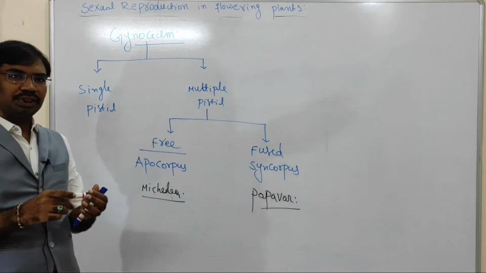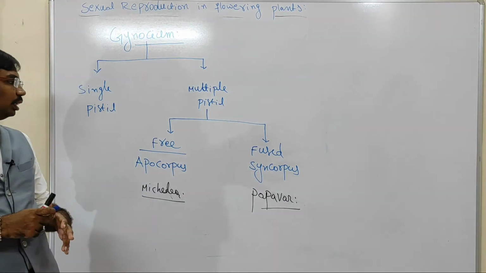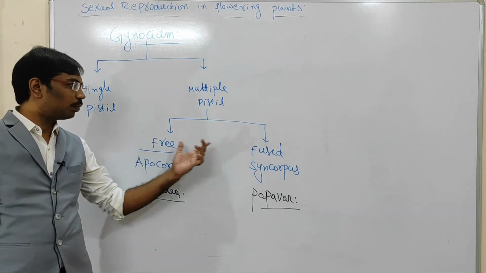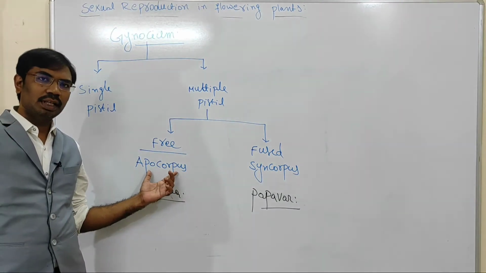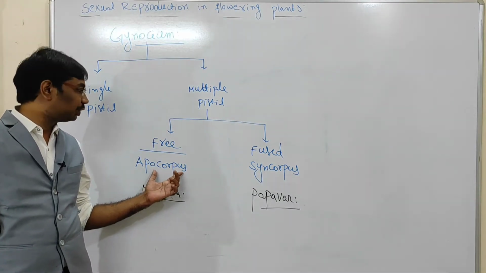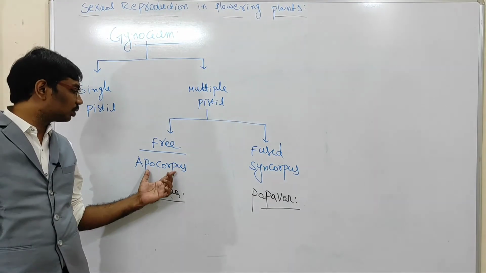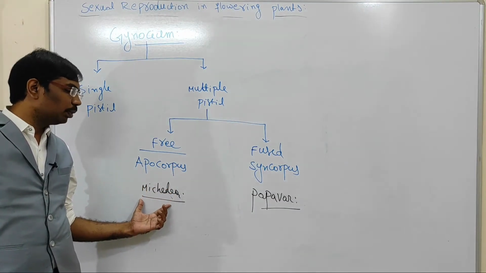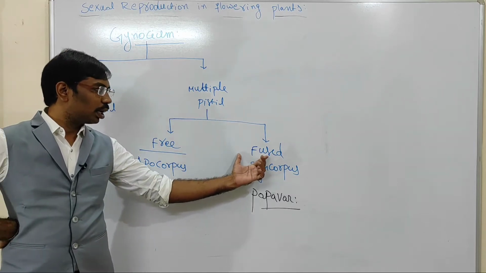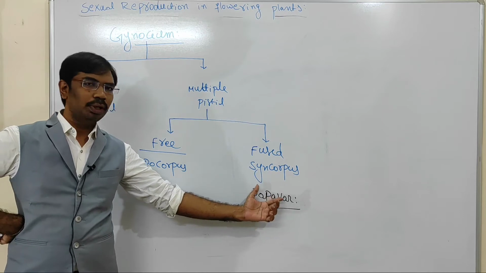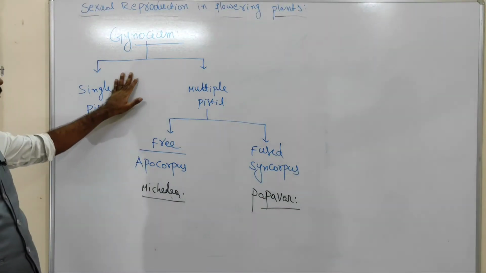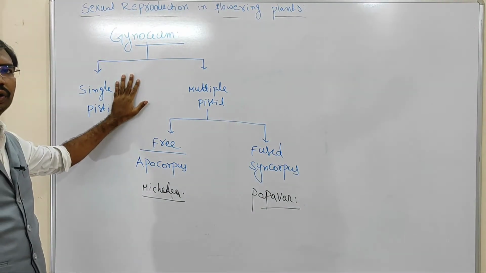Based on whether the carpels are fused or free: free carpels, called apocarpous, means the carpels are not fused to each other. Example, Michelia. Otherwise, when the carpels are fused together, it is called syncarpous. Example, Papaver. So these are the types of gynoecium.